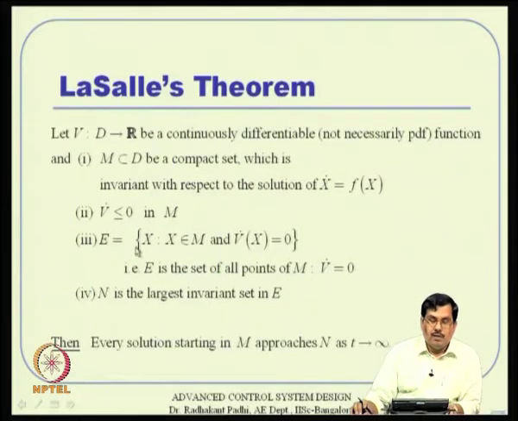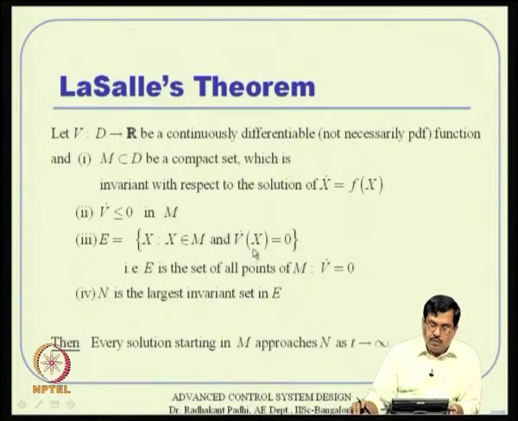Then we define a set E, a subset of M, which is the set for which V dot is equal to 0. M can contain everything for which V dot is less than or equal to 0, but I will select only the set E where V dot of x is equal to 0.